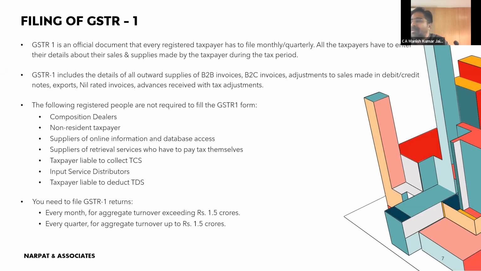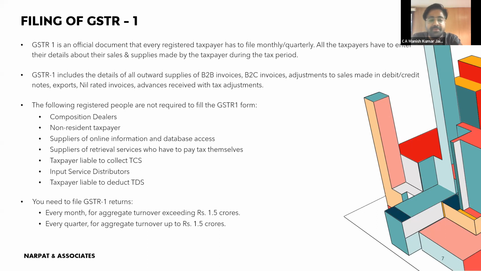What will happen is, when we are making any sale, the opposite person is filing monthly returns, and when we are filing on a quarterly basis, there will be a mismatch in 2A. So most of the persons try to file returns on a monthly basis only. So today we are going for the monthly return basis, what fields are to be filled, and how we have to check whether it is matching with the GST return on the site or not.